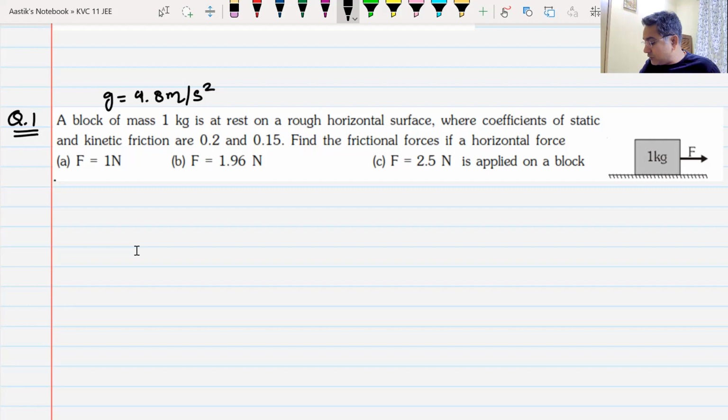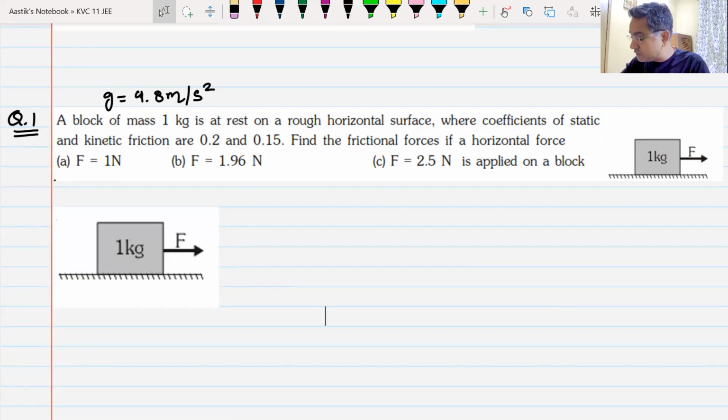Let us move on to the first case. In the first case, the force applied here is equal to 1 Newton. If I draw the free body diagram, this would be equal to mg and this would be the normal reaction.